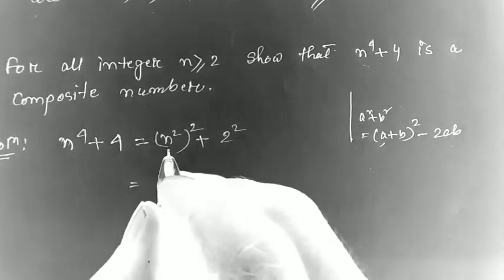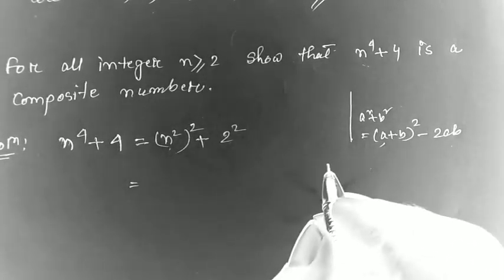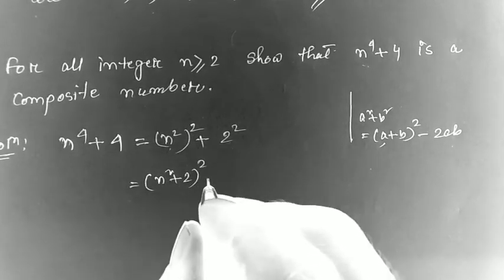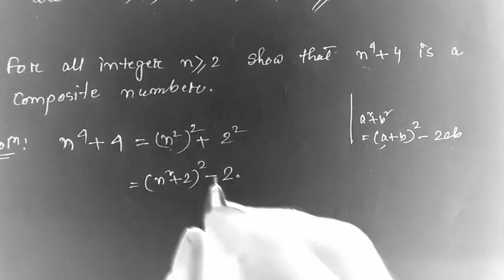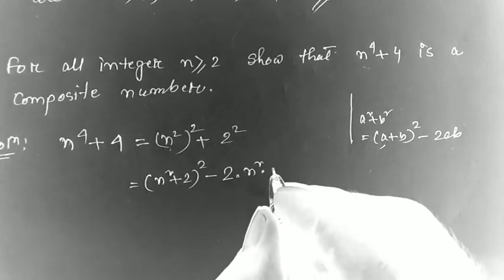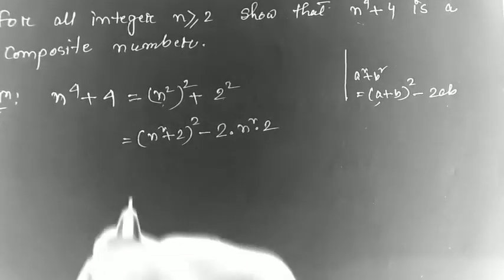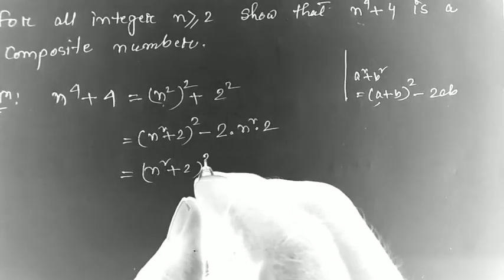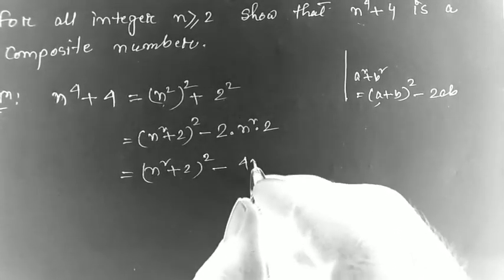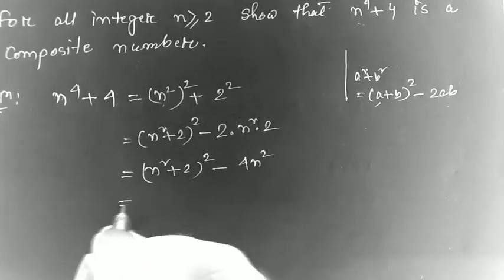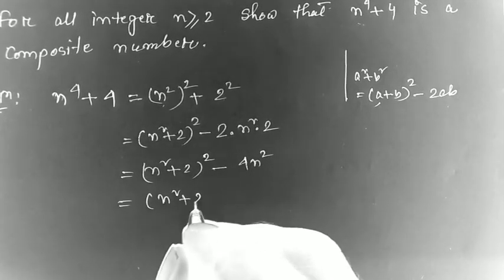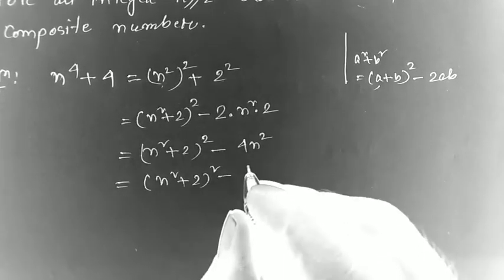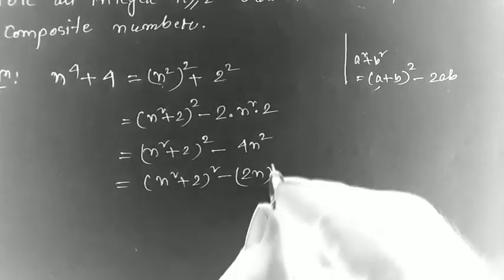So the 5 prime numbers which can be expressed in the form n square minus 2 are 2, 7, 23, 47, 119. So these are the 5 prime numbers which can be expressed in this way.